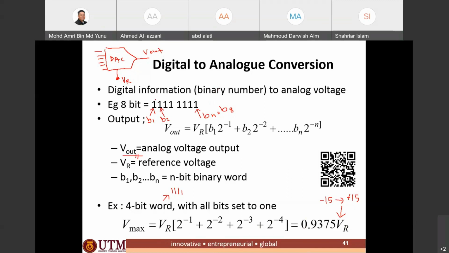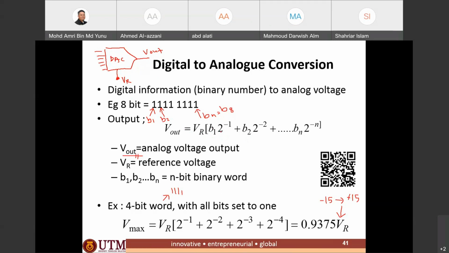Okay, so for example, here we have binary information we want to convert to analog voltage, for example 1, 1, 1, 1. We can use this equation: the analog output equals the reference voltage multiplied by the summation of the bit value at each bit place multiplied with its factor.